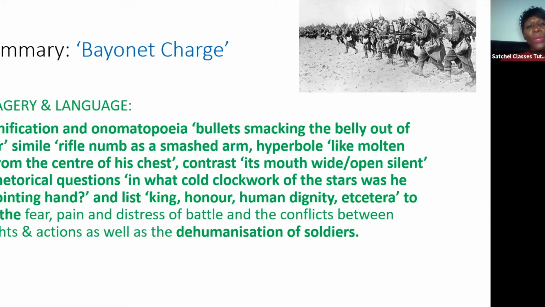The last few items of imagery and language are really about rhetorical questions. The writer poses this question: "in what cold clockwork of the stars was he the pointing hand?" If you look from a bird's eye view, it's as if the soldier with his bayonet is almost like the pointing hand of a clock, and the idea of cold clockwork and the stars shows that he's ill-fated.